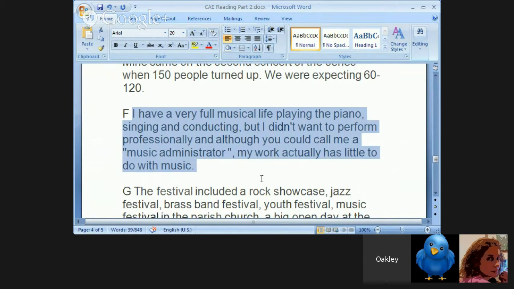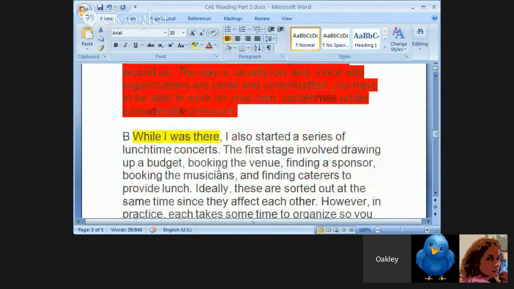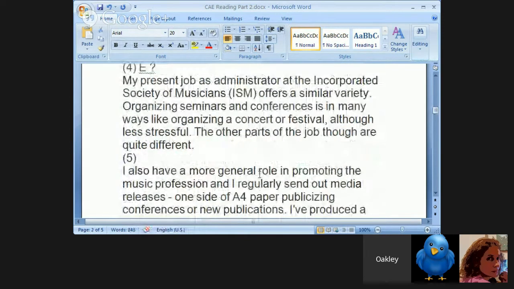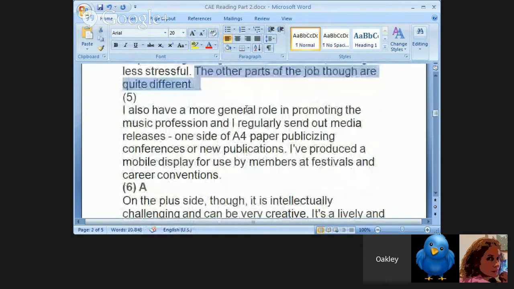No. Yes. It can't be 5. No, we've already got 5. 5 is about his present job. The other parts of the job are quite different. So he's still describing his job, and then he continues.